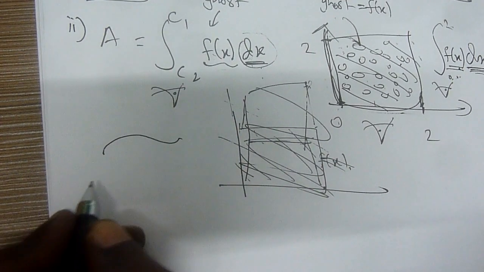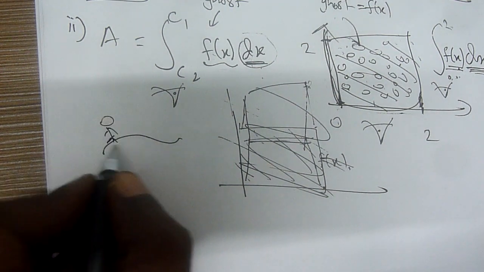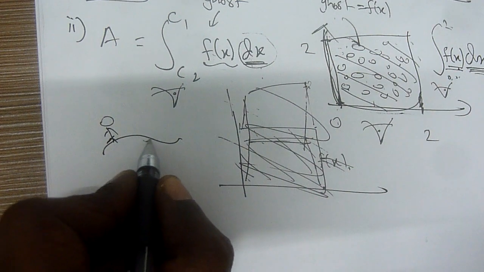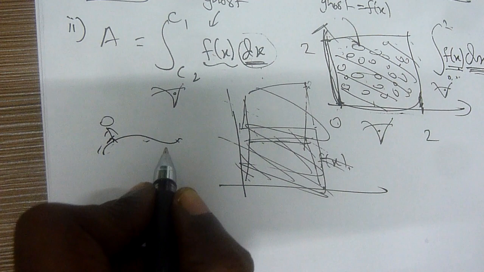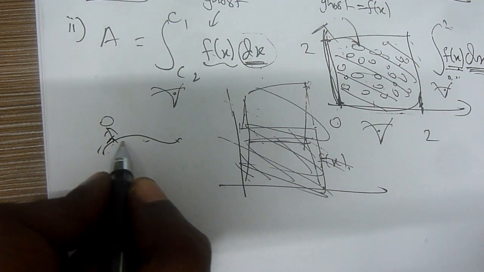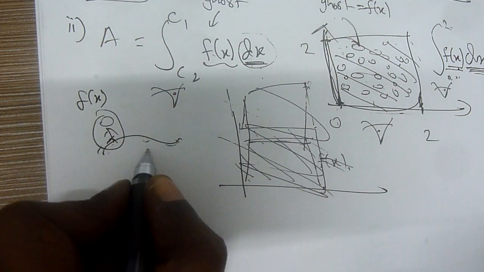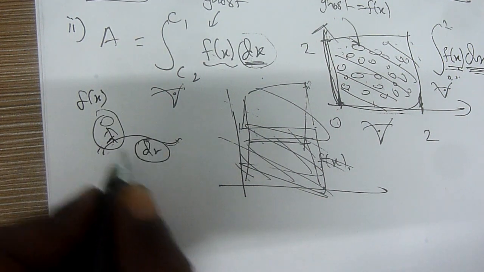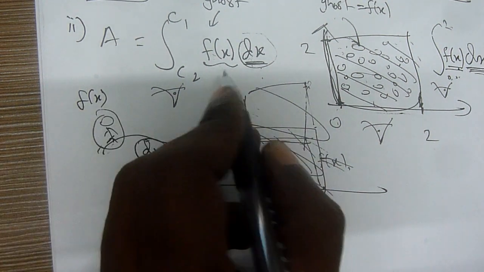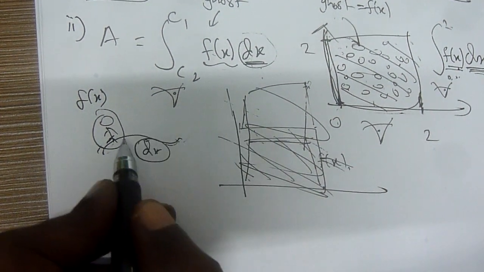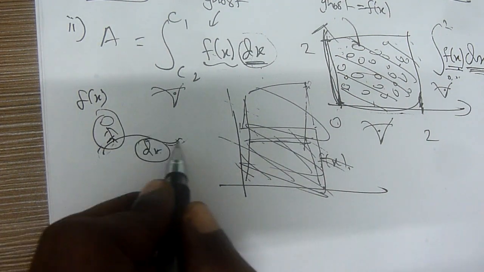You take one line, and I make one ghost running on top of this. The ghost is fx, and this one can be dr, as I say. This is a ghost carrier. Finally you can see this is a 1D also, still the ghost is carrying this, carried on one small cable.